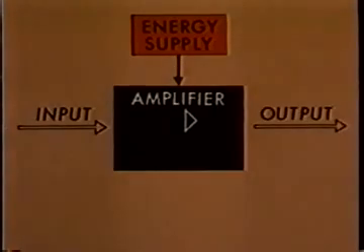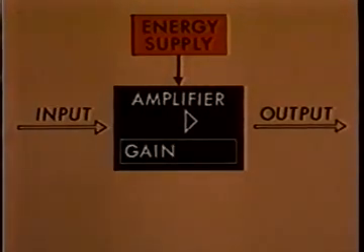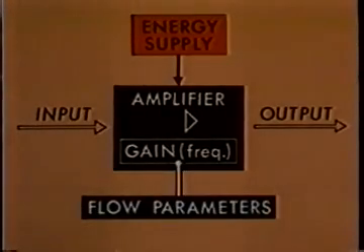The output is damped or amplified waves. When the amplification ratio, the gain, exceeds unity, we have instability. The amplifier gain varies with frequency and also depends upon flow parameters.